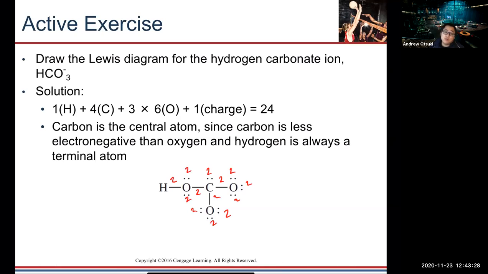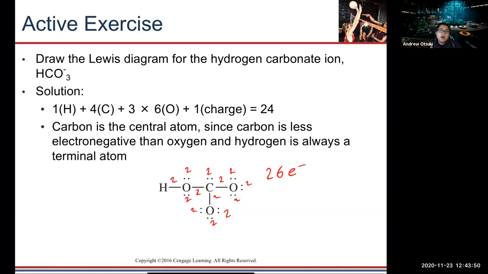So that is too many electrons. Right now it is 26 electrons. You see here that it does not match our calculated valence electron count above, so this structure is not correct.